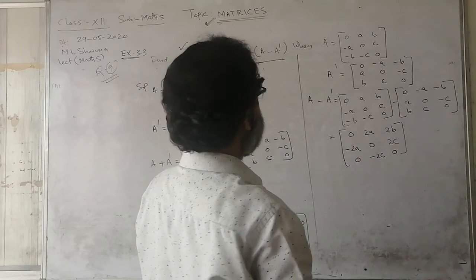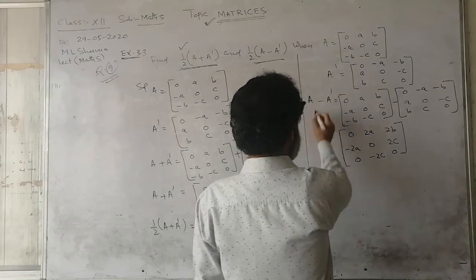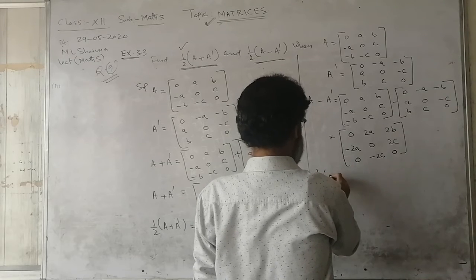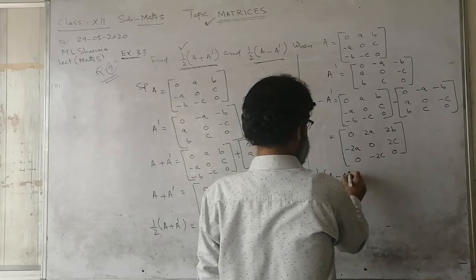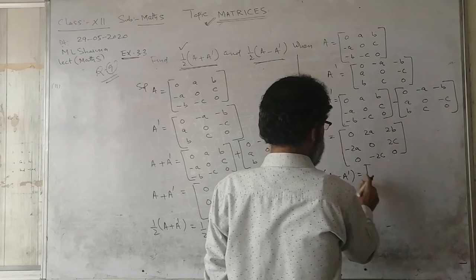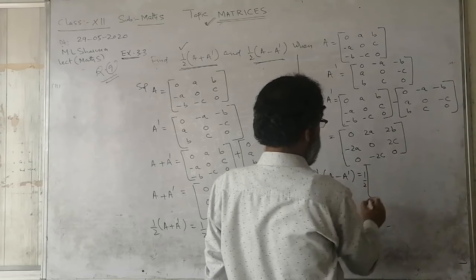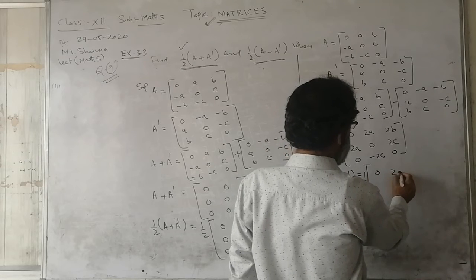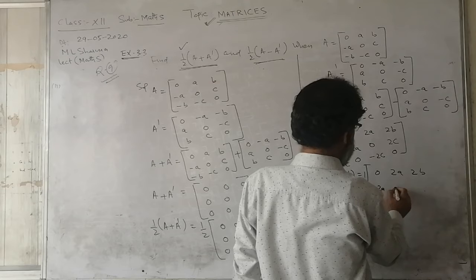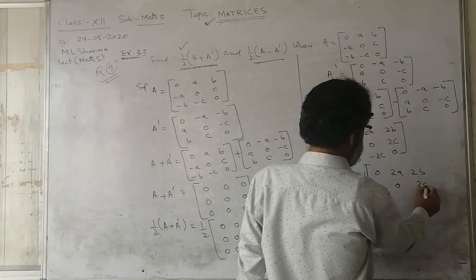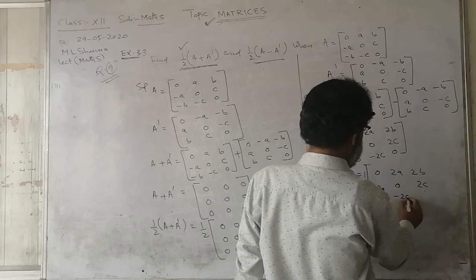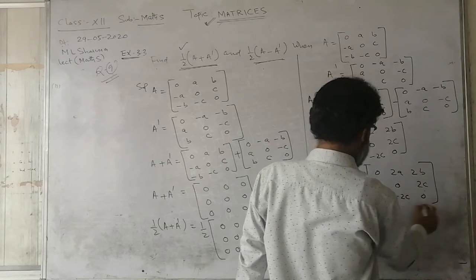So if I have to find this value, I multiply both sides by half. This will equal half of 0, 2A, 2B, 2A minus 0, 2 times C, 0. So this is the value.